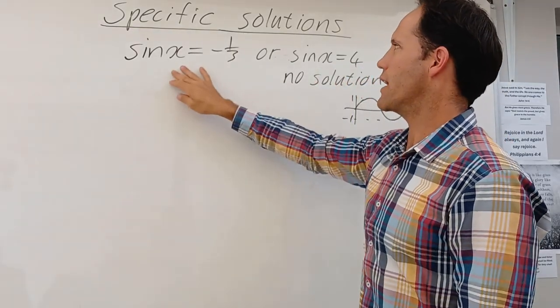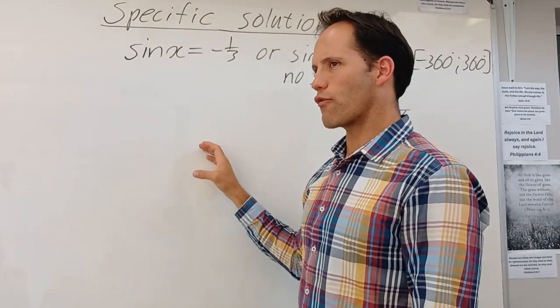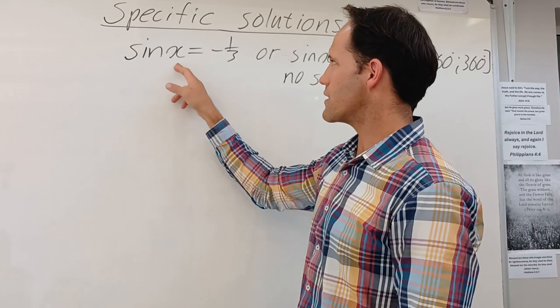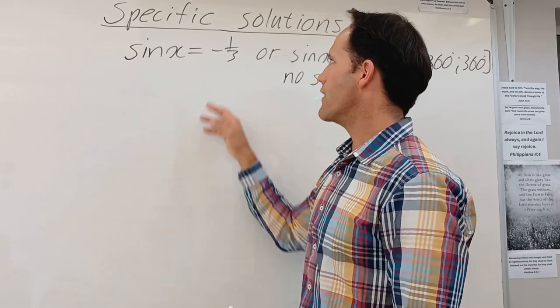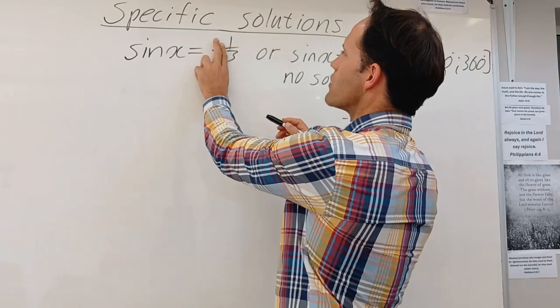Now let's look at this one. Now it's negative, so it must be in the third and fourth quadrant. Remember that's where sine is negative, the third and fourth quadrant. So we're going to use second function sine 1 over 3 without the negative.